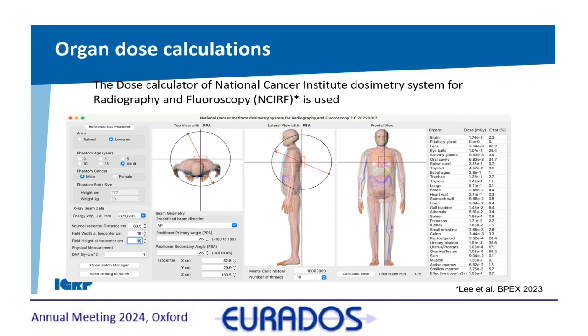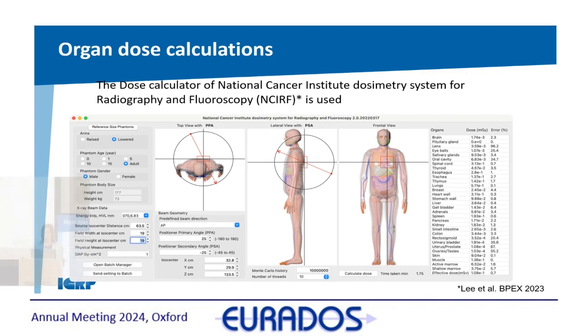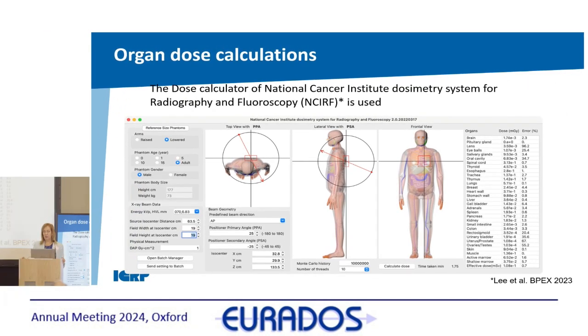And then the procedure technique parameters will be used to reconstruct the organ and effective doses. And we will evaluate the average or representative dose by looking at the 50th percentile.